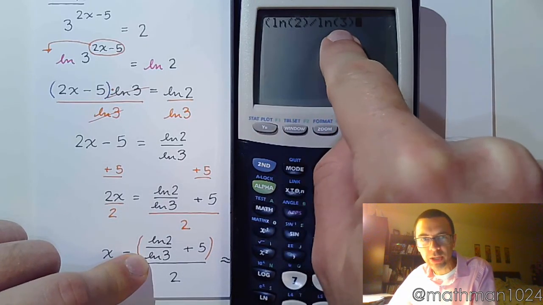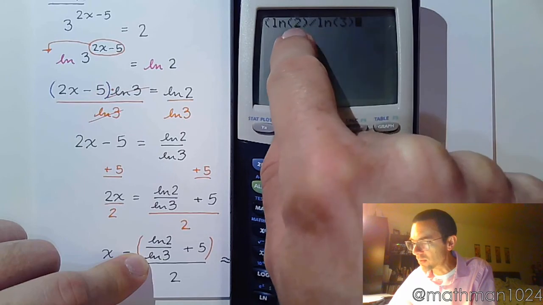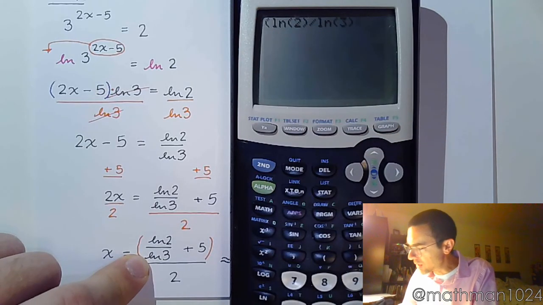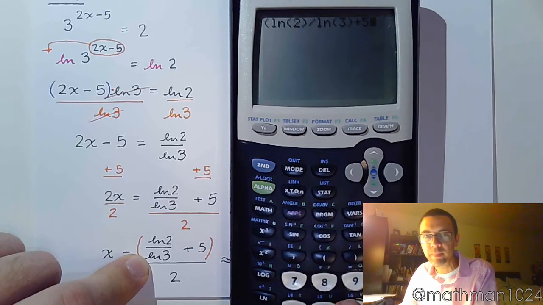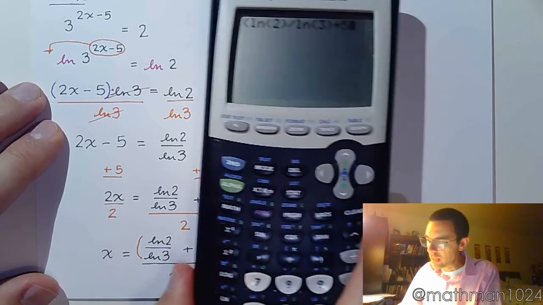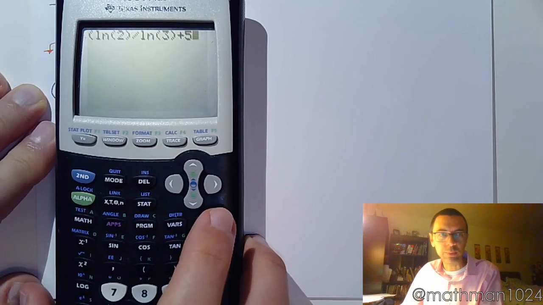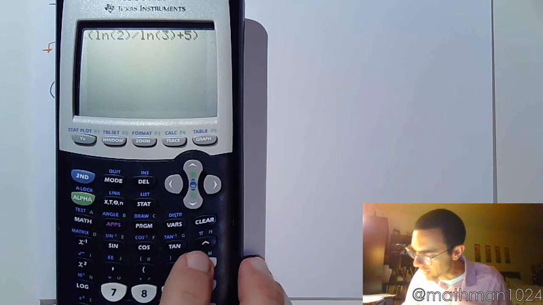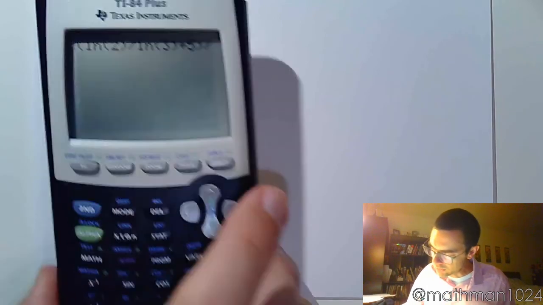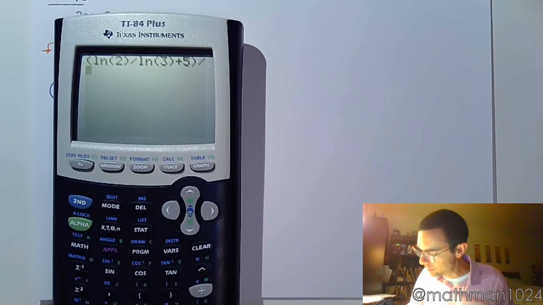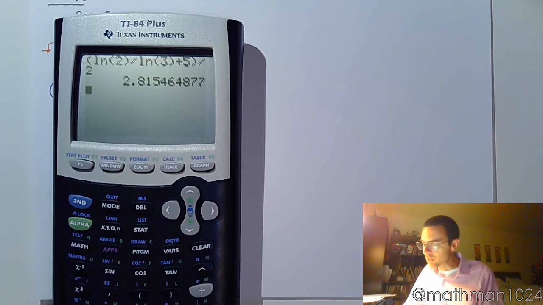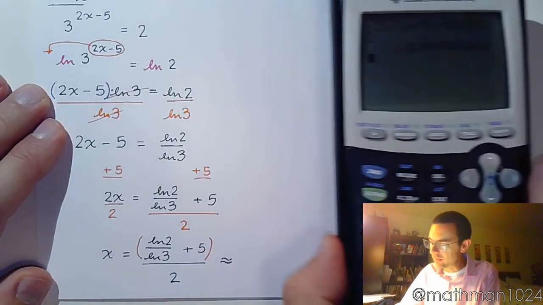So that set of parentheses is for that natural log, this is for the other natural log, but you still have the open set of parentheses because we still have to do plus 5. All right, so we got plus 5, close off that set of parentheses, and we're dividing the entire group by, what do we have here? Yep, by 2. And this is our decimal approximation, 2.815.